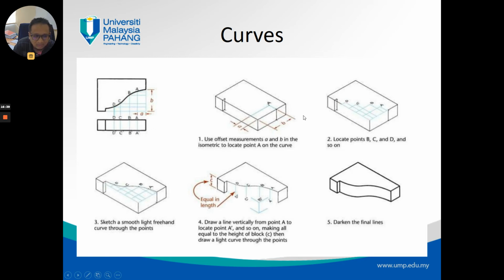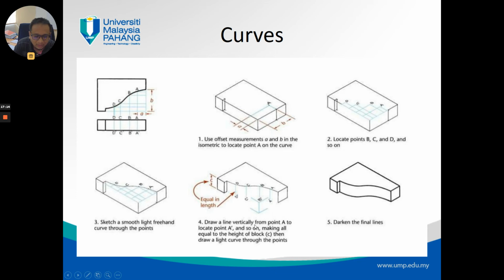So take these A, B, C and D into the top view, locate the points A, B, C and D. First locate the length of the line for each line, and then draw a simple softer line just by applying this A, B, C and D. Locate the points B, C and D, and then sketch by hand a smooth line from here until here. Okay.